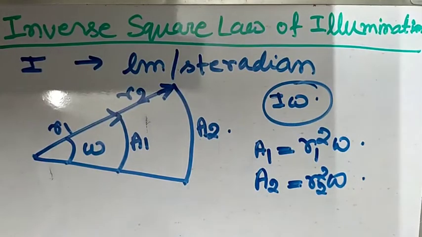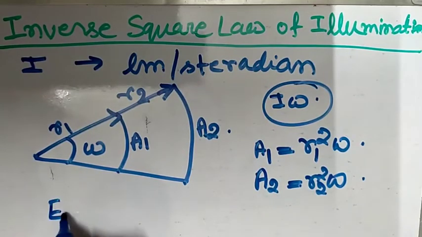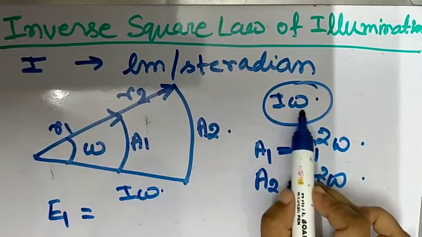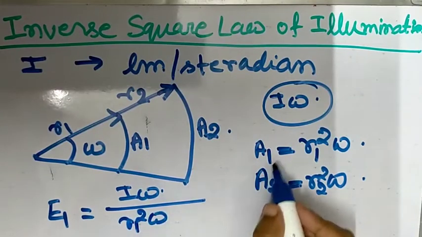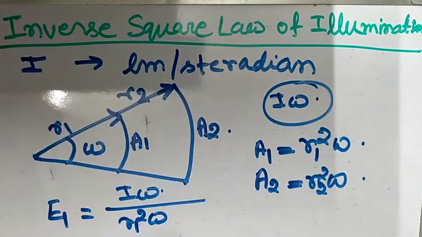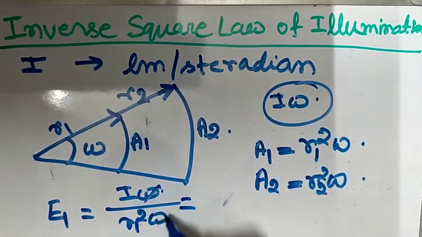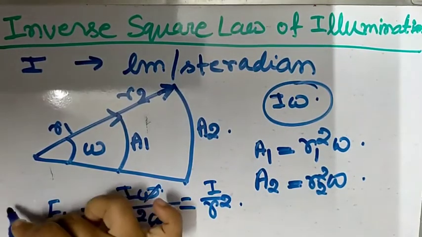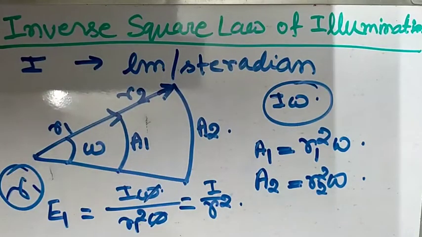Now illumination at the surface of radius R1, E1, is equal to I omega, that is total flux, by R1 square into omega, that is the area at radius R1. Now this equals I by R1 square.